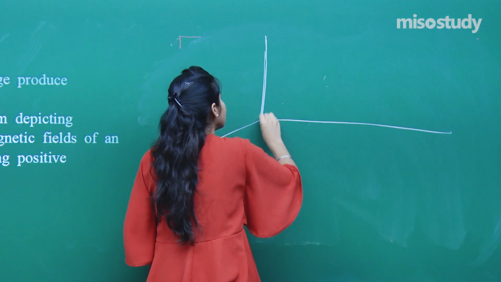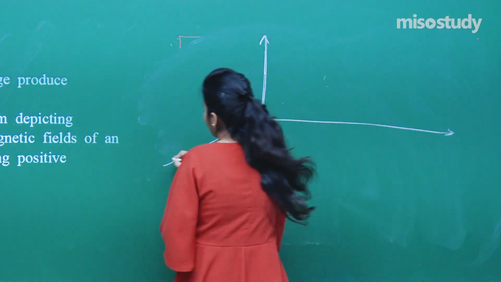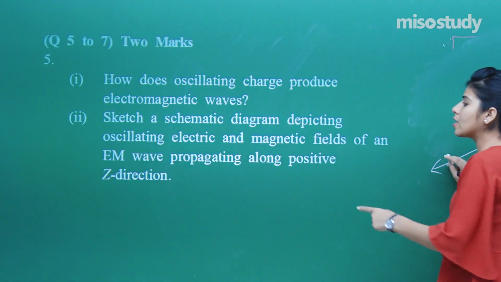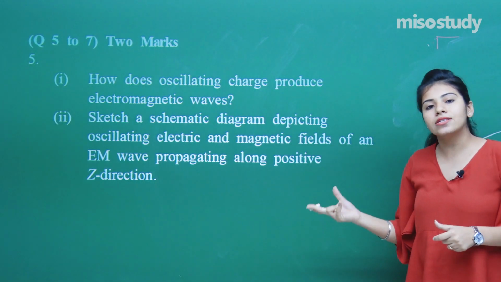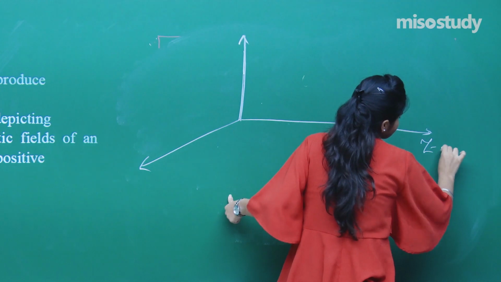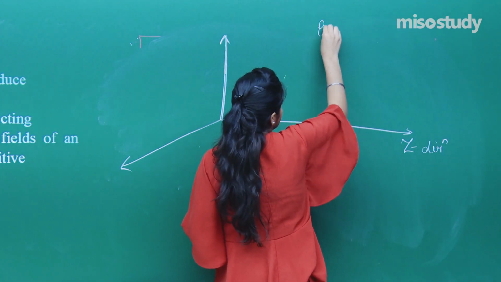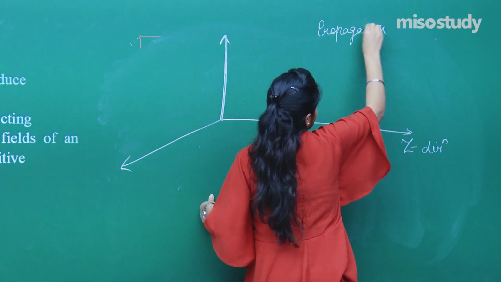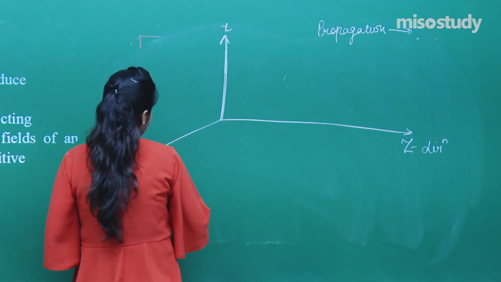Keep the directions in mind. Consider this as the Z direction where the wave is propagating. This is X, this is Y.